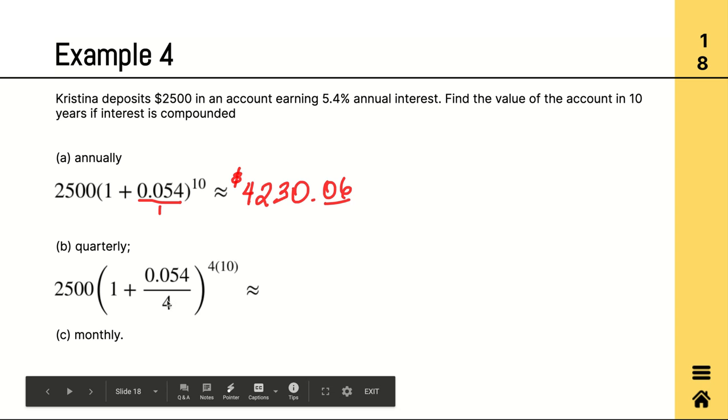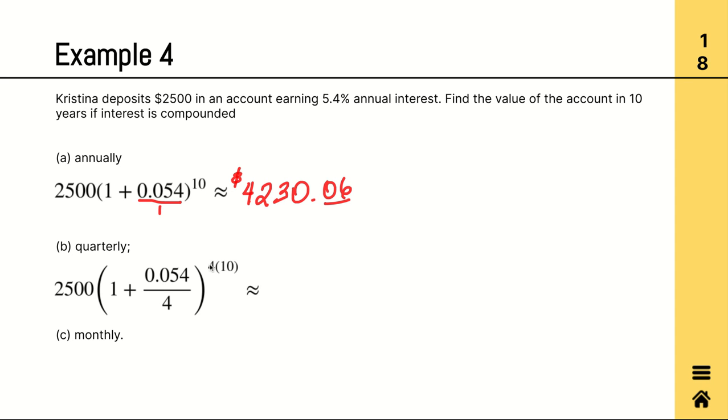If it's quarterly, it's going to happen 4 times a year, to the power of 4 times 10. That's the number of compounds per year over 10 years. So that product there's 40. And what that's telling us then is that we are going to have 40 separate compounds over the life of this investment. So what does that turn out to be?